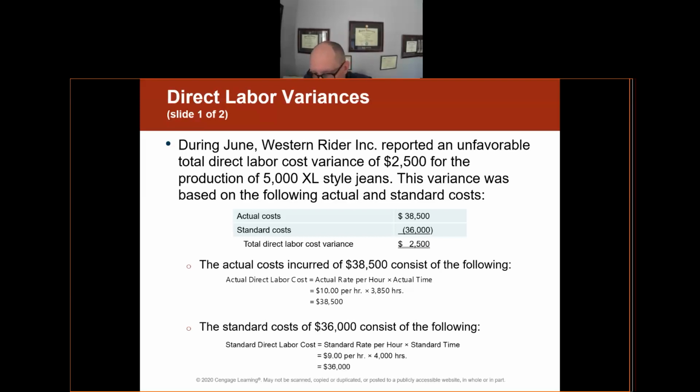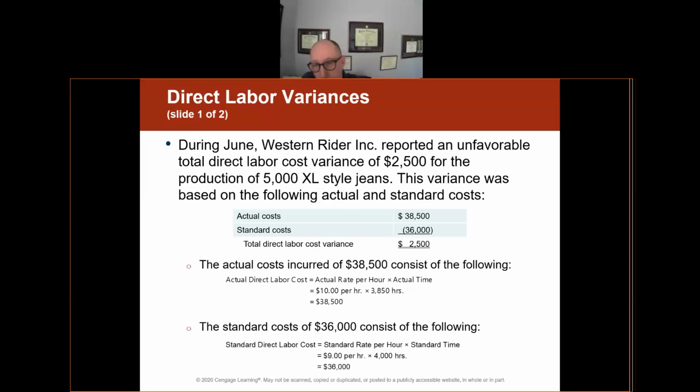However, we actually incurred $10 per hour, and we actually used 3,850 hours, giving us a total actual cost for labor of $38,500. Now, just based off of this information, we can see what is favorable and what is unfavorable.